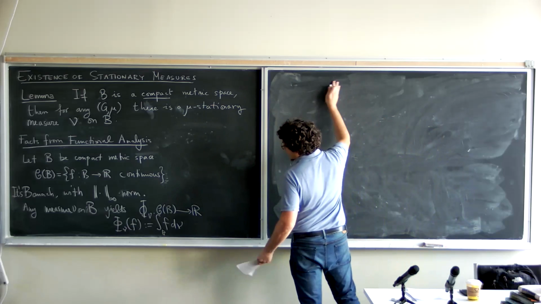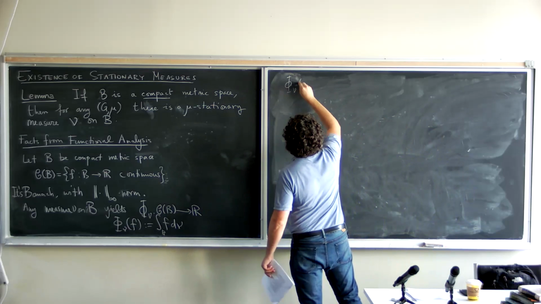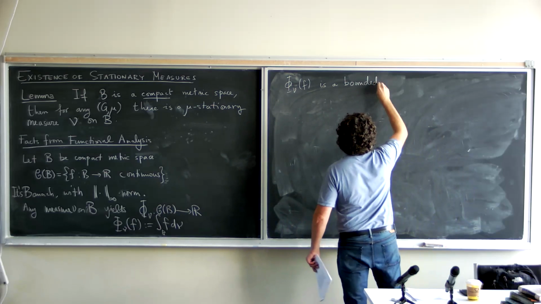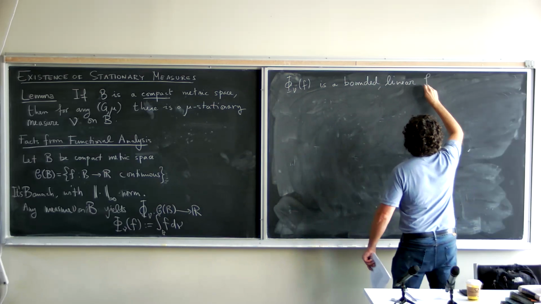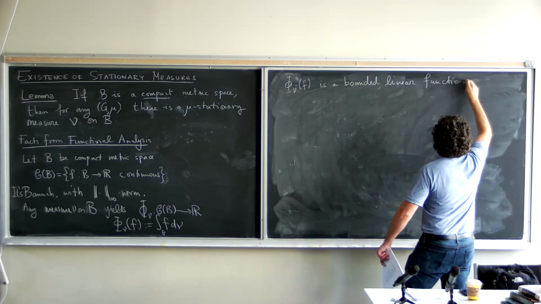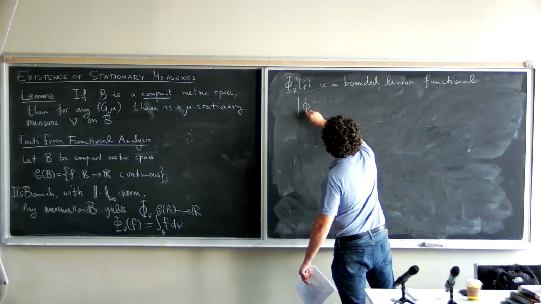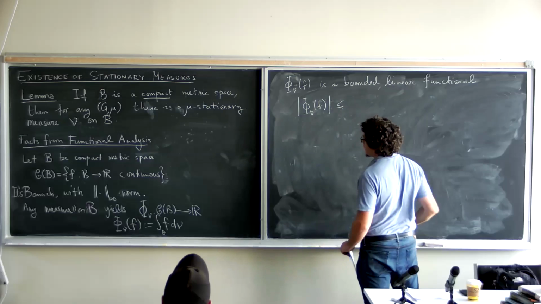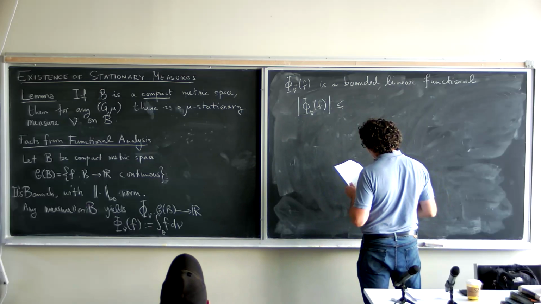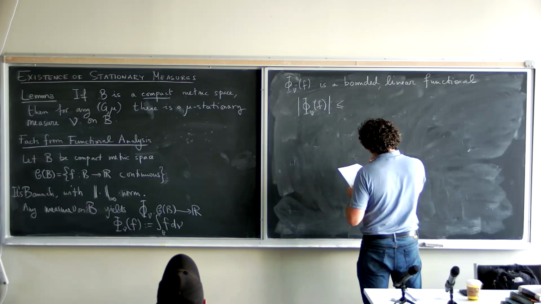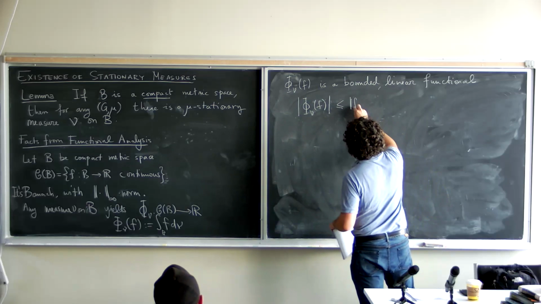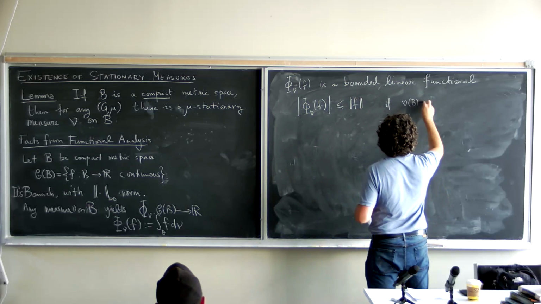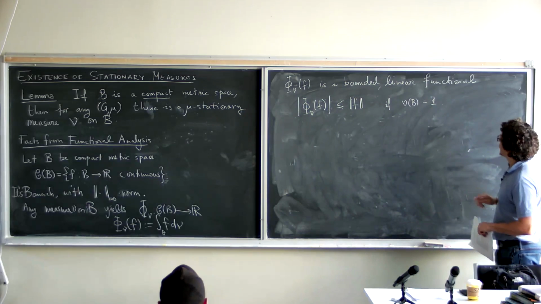And of course, this is a bounded linear functional. This is because the norm of the integral is bounded above by the sup norm of f, certainly if nu of B is 1, which will be most of what we care about.